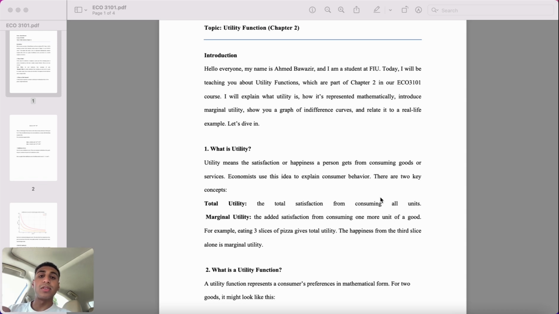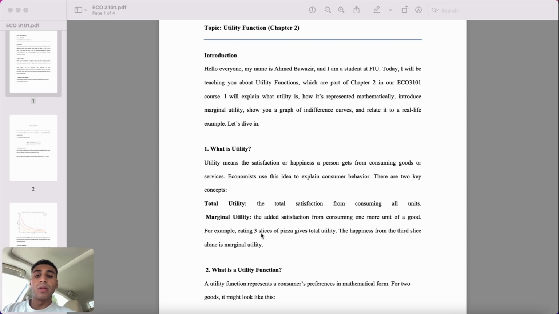First key concept is total utility. Total utility is simply the total satisfaction from consuming all units, while marginal utility, which is the second concept of utility, is the added satisfaction from consuming one more unit of a good.